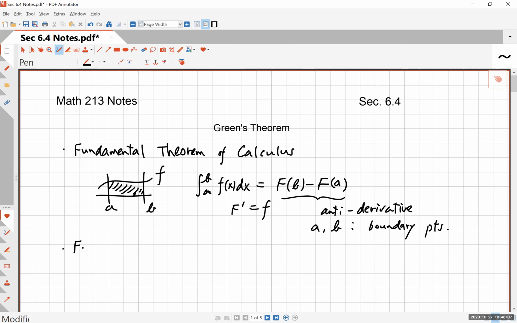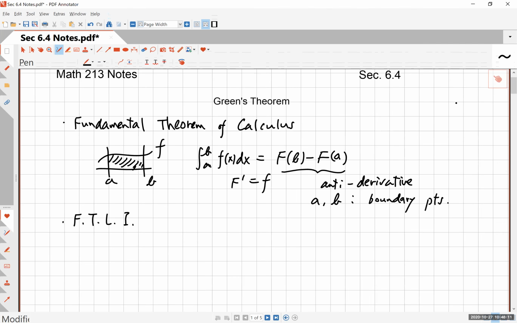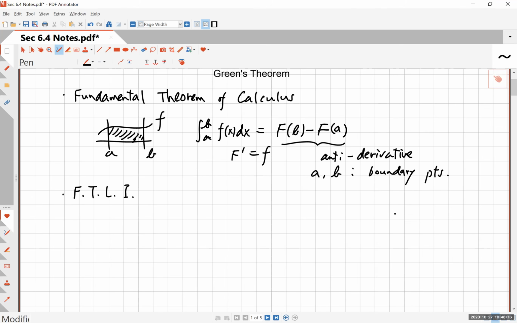And then last time we had the fundamental theorem of line integrals. So basically, that is the version of the fundamental theorem of calculus where we still have a one-dimensional domain, like the closed interval [a, b], except this time F is of a higher dimension. So what we have is a plane like this, and it could be in 3 dimensions as well, but we have a curve C that goes from point A to B, remember?